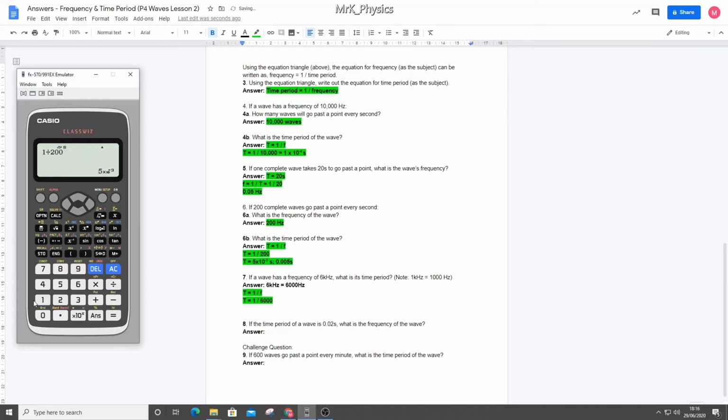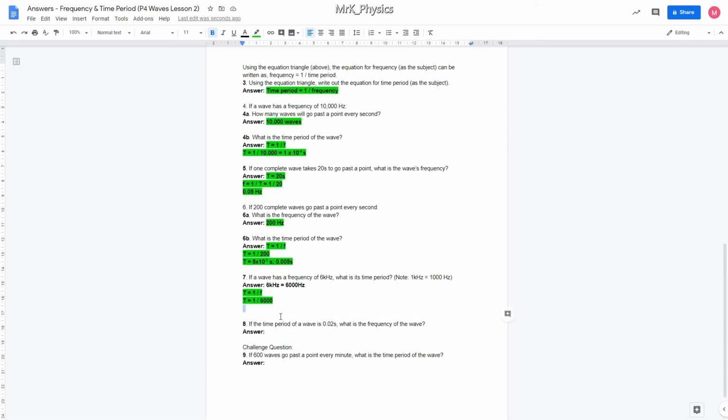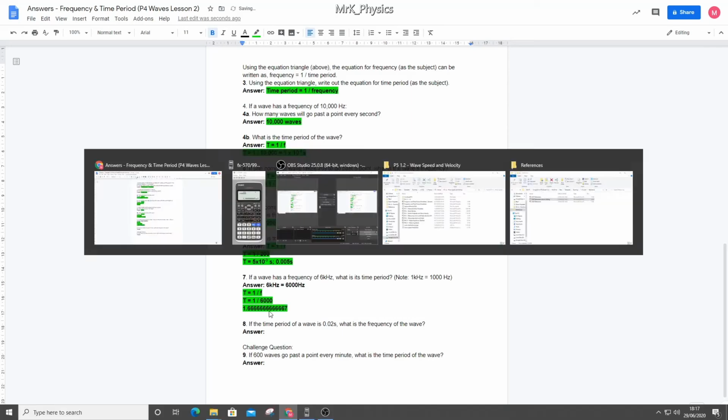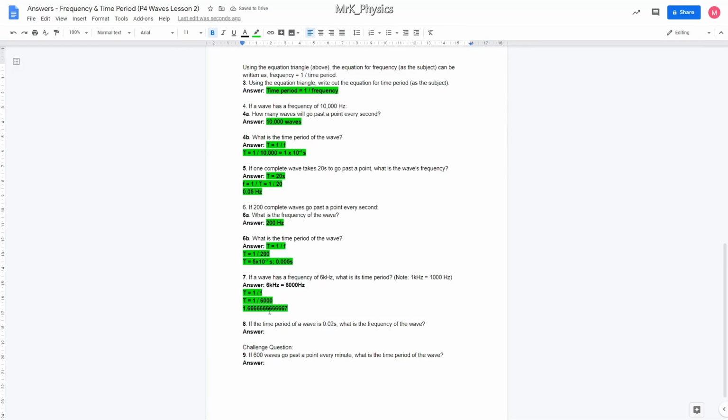Again, bring up the calculator. 1 divided by 6,000, and we've got 1.6 recurring and a 7, and I'll talk about that in a moment, times 10 to the minus 4. So you might be tempted to just put in 1.666666667, which is probably more than there were on the screen, times 10 to the minus 4.